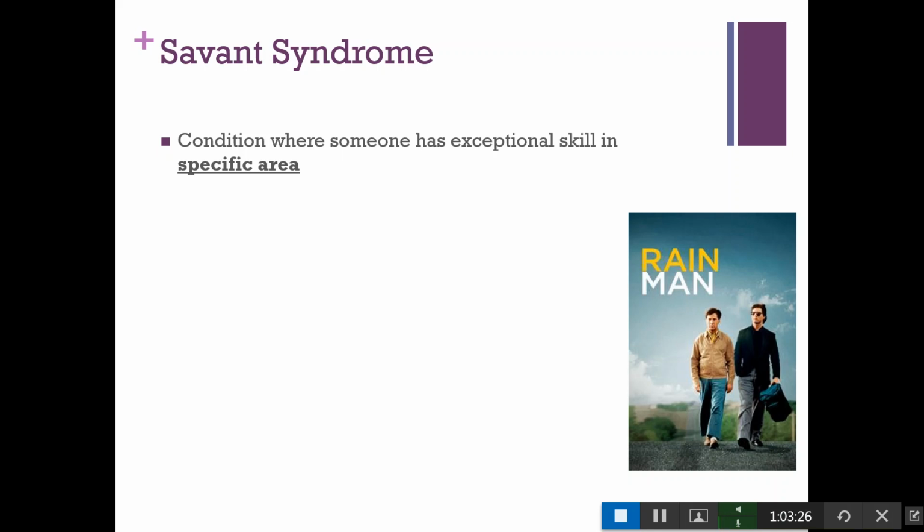Not that old. But they previously thought he maybe had autism, but it was actually believed that he had FG syndrome, which is a genetic disorder that's marked by some physical anomalies and some developmental delays and intellectual disabilities and other kinds of stuff. But he had this savant syndrome where he really had exceptional skill in a specific area. The guy he was interviewed by, Daniel Tammet, was another savant.